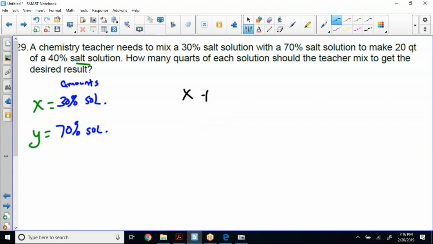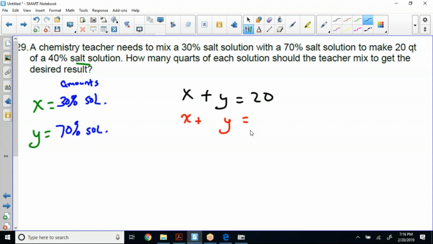So guys, we're going to write totals. X plus Y equals 20 quarts. And then my next equation is going to be a value portion of it.